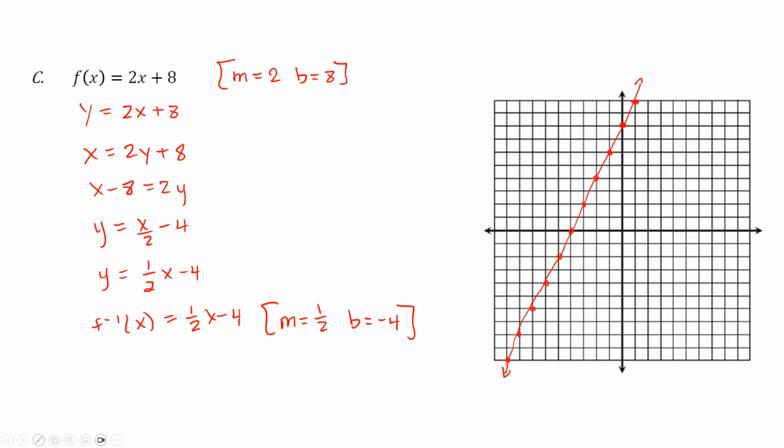Okay. Now let's plot the inverse. So our y-intercept is -4, so that's where we're going to start. Then our slope is 1/2, so up 1 to the right 2. And then we'll just keep going till we have no more graph. Then we'll start going in the opposite direction, so down 1 to the left 2.